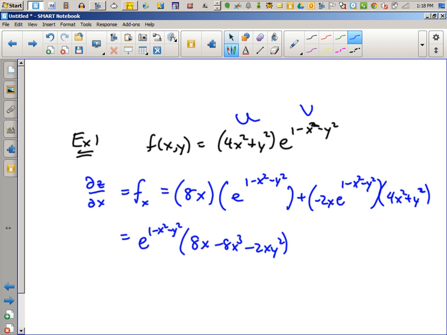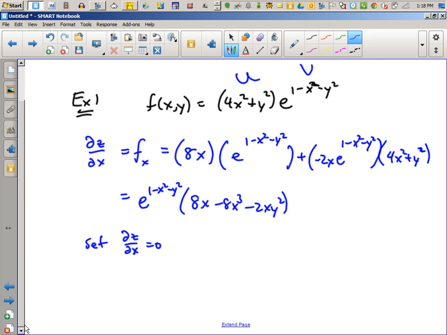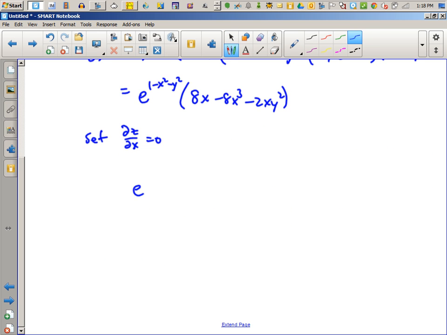Okay? You take my word for it. So hang on to this guy. This is fx. And we're going to set him equal to 0 to find the critical points. So let's set that equal to 0. We get e to the 1 minus x squared minus y squared times 8x minus 8x cubed minus 2xy squared equals 0.